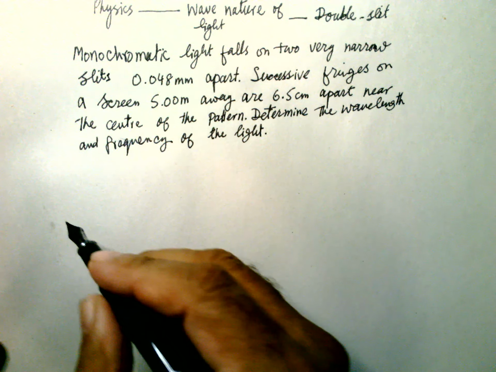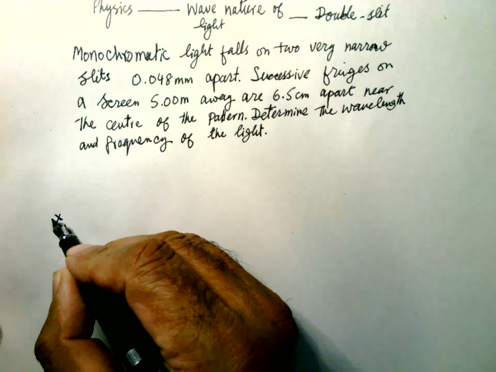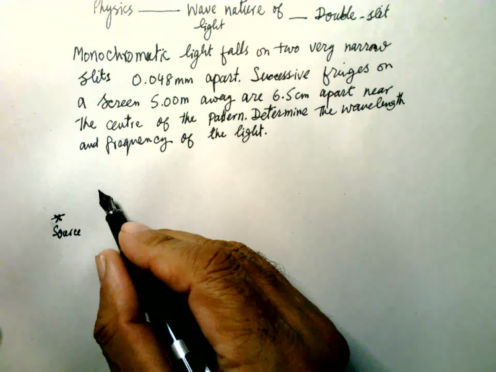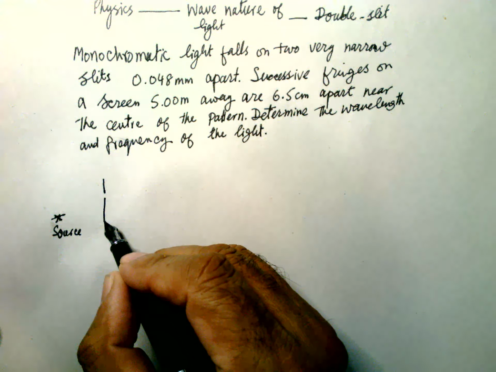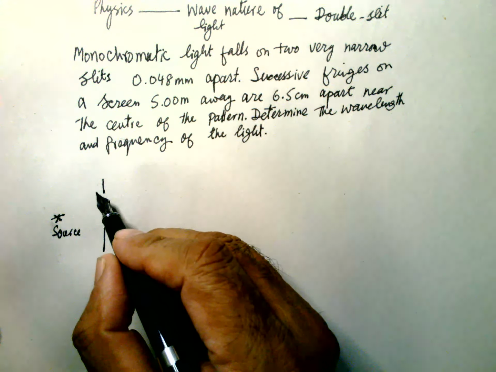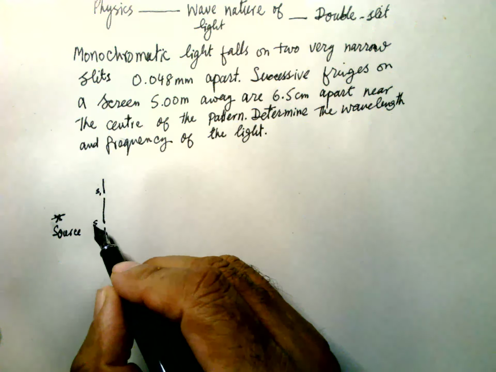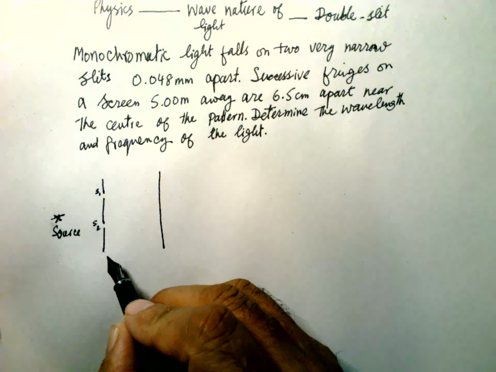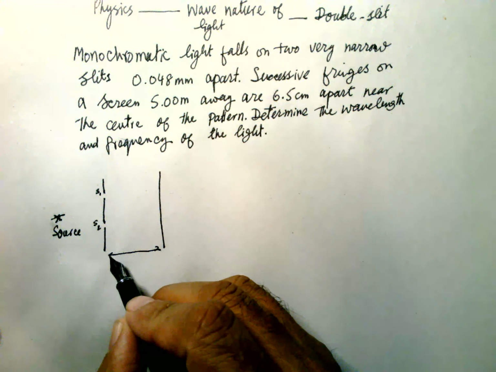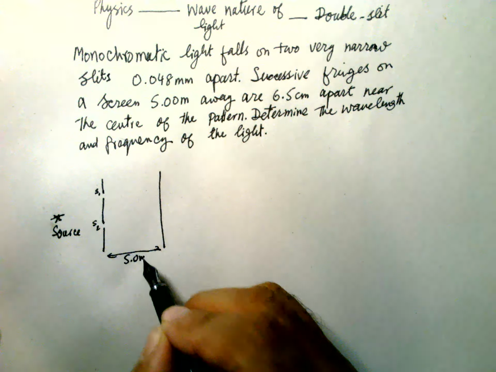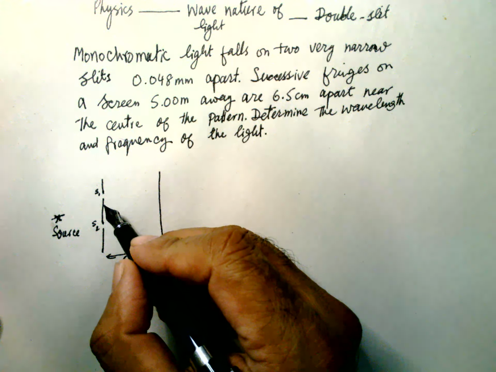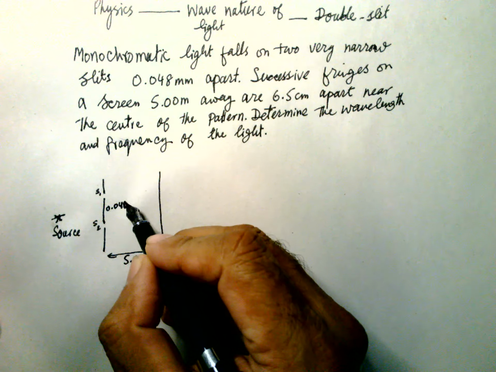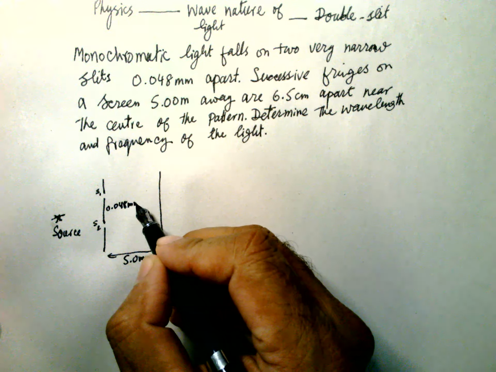So the double slit experiment. This is a source of light. These are the two slits, S1 and S2, and this is a screen which is 5 meters away, and this distance is 0.048 millimeter apart.